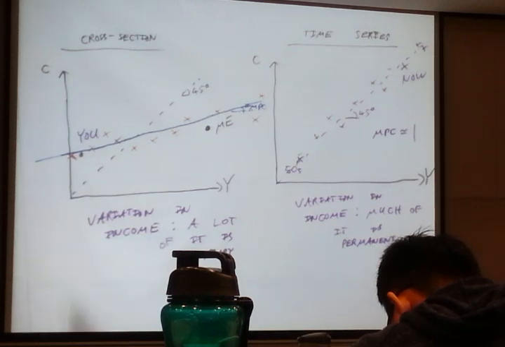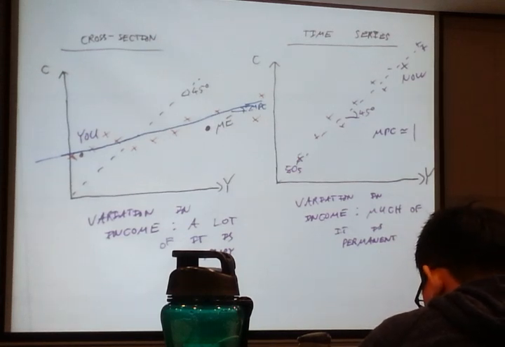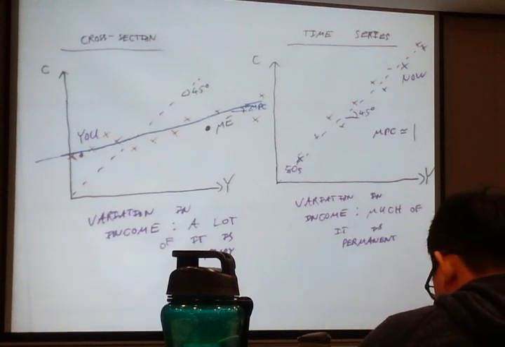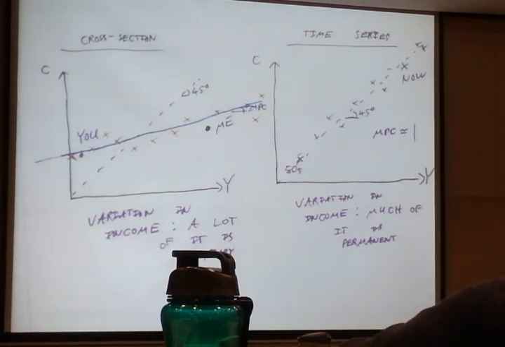We've already seen that the Fisher model tells you that the marginal propensity to consume is less than 1 for a temporary change in income. If you work through it, you would consider the case of a permanent change in income using the Fisher model. Let me just show you briefly what that diagram looks like.